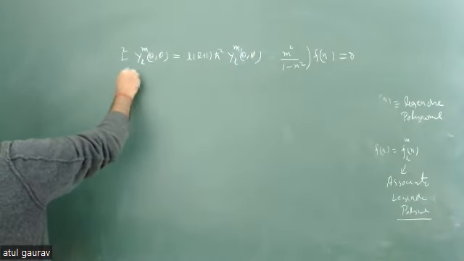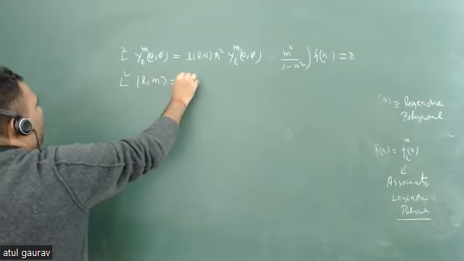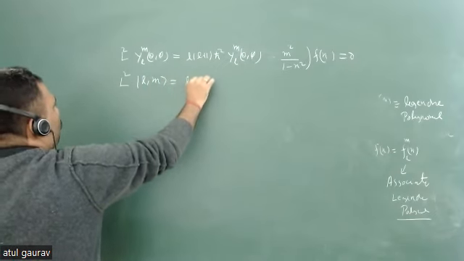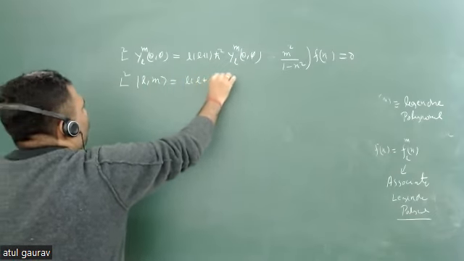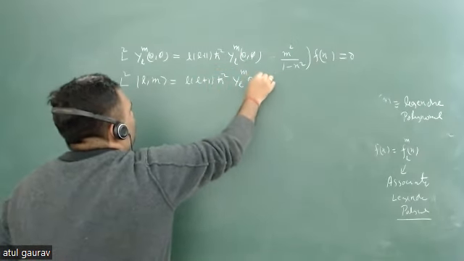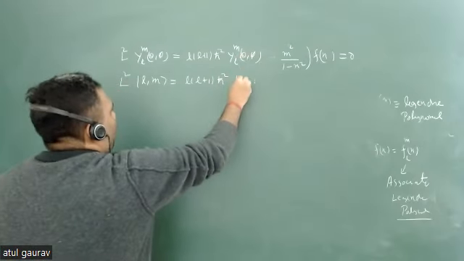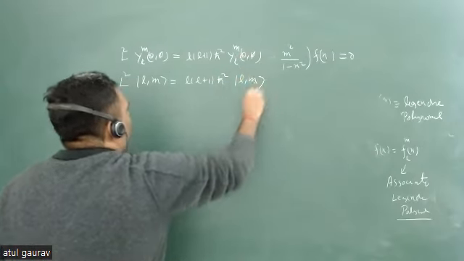This is equivalent to writing L square will operate on |L M>, that is L into L plus 1 h cut square |L M>.